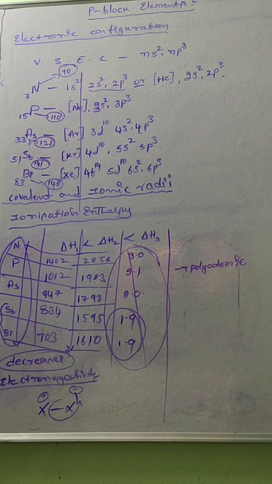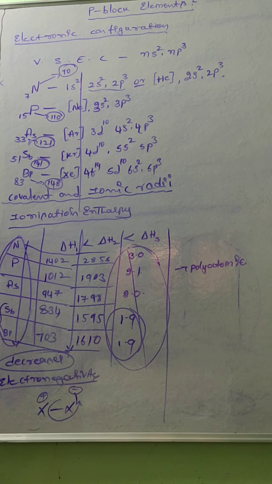Nitrogen does not exist in the single state, but it can exist in the combined state. It is not monoatomic, it is diatomic. Phosphorus also does not exist as diatomic, it is polyatomic. Antimony, bismuth and arsenic, all these elements exist as polyatomic.